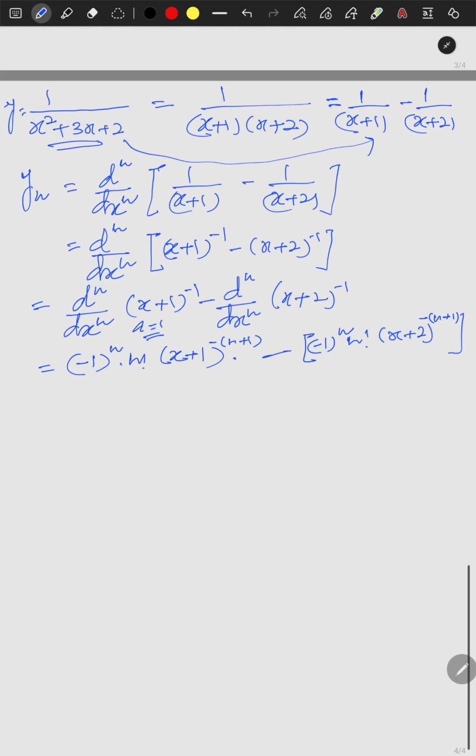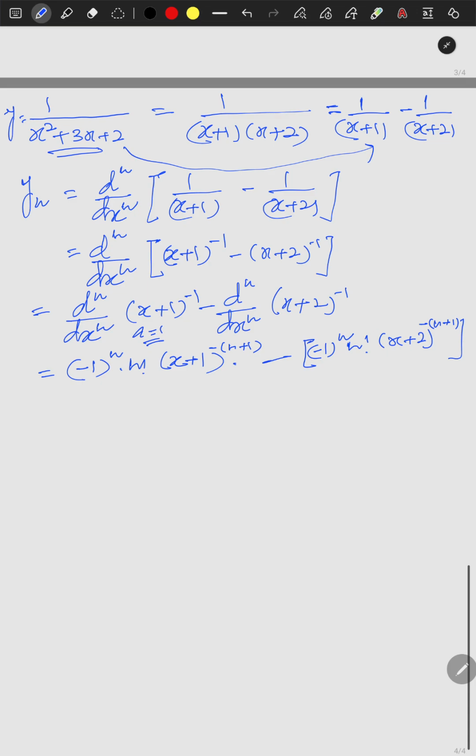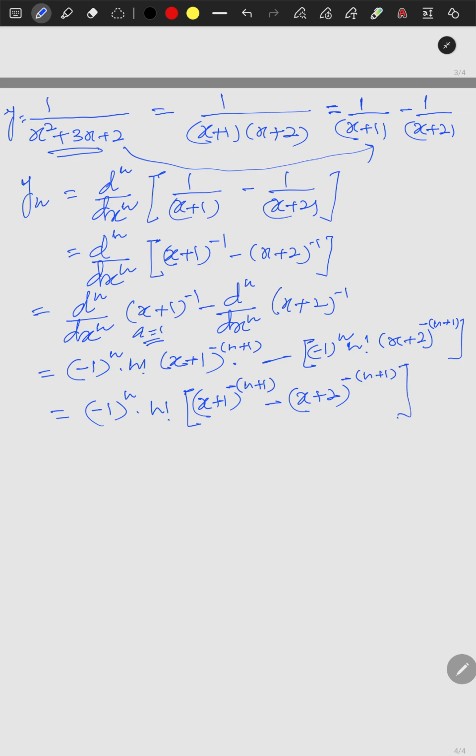So again you can check that a is 1 here, so this is simply the nth order derivative of this function. You can simplify it by taking minus 1 to the power n factorial as common. So in the bracket we are having x plus 1 to the power minus n plus 1 minus x plus 2 to the power minus n plus 1.